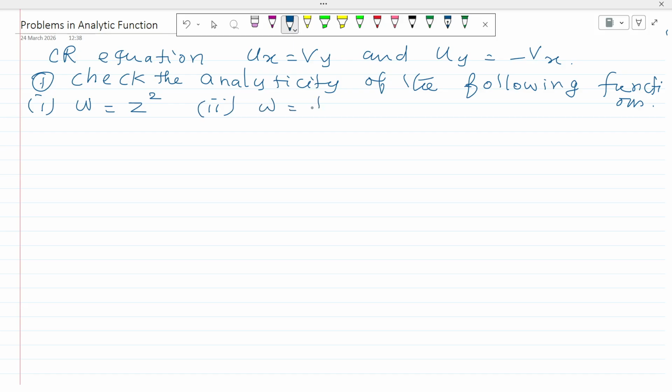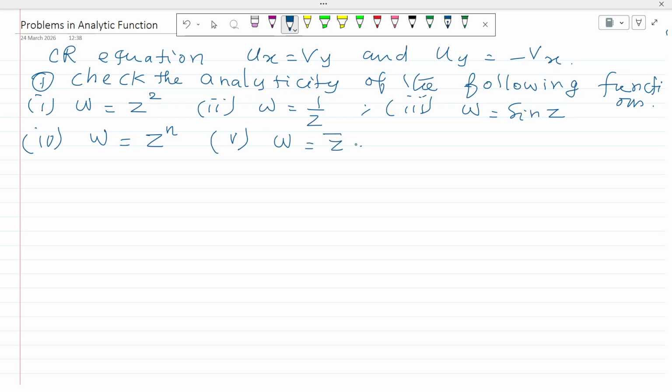W equal to 1 by z. W equal to sin z. W equal to z power n. W equal to z bar. There are 5 problems we are going to do.